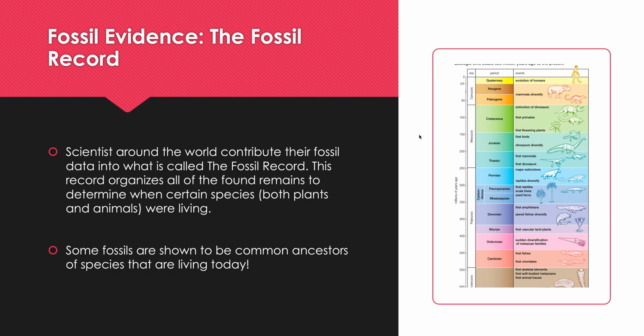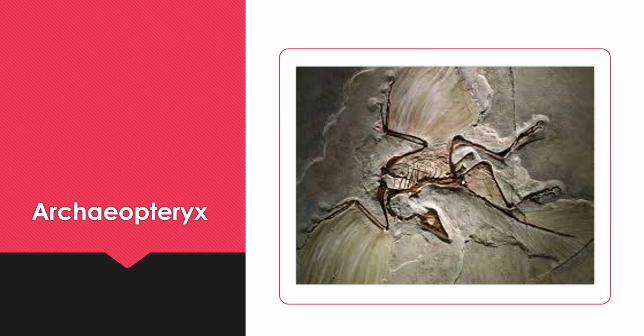The other thing that's important is that fossils can be shown to be common ancestors of species that are alive today. So we can find the ancient organisms of today's species. For example, it had been thought that birds and dinosaurs were related, but they didn't have much evidence to show that. They had flying dinosaurs, but they weren't sure if there was a relationship to today's birds until they found this fossil.